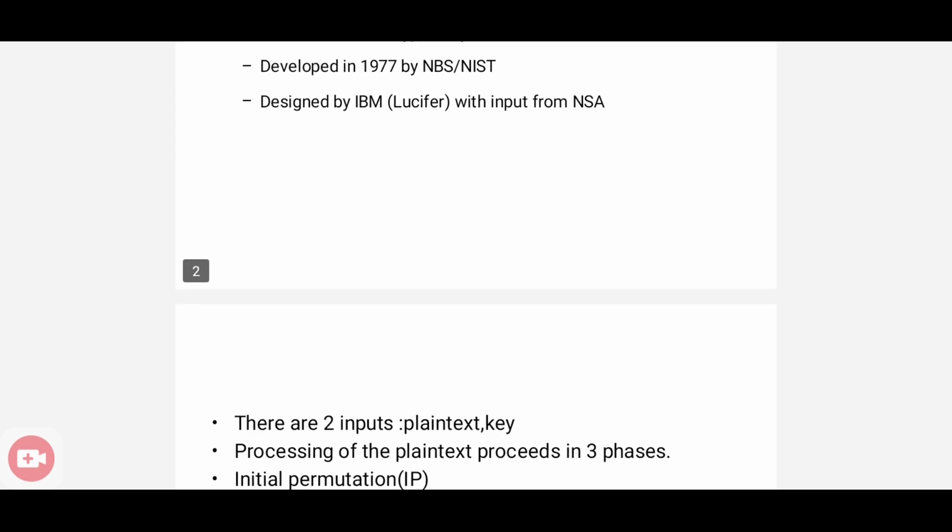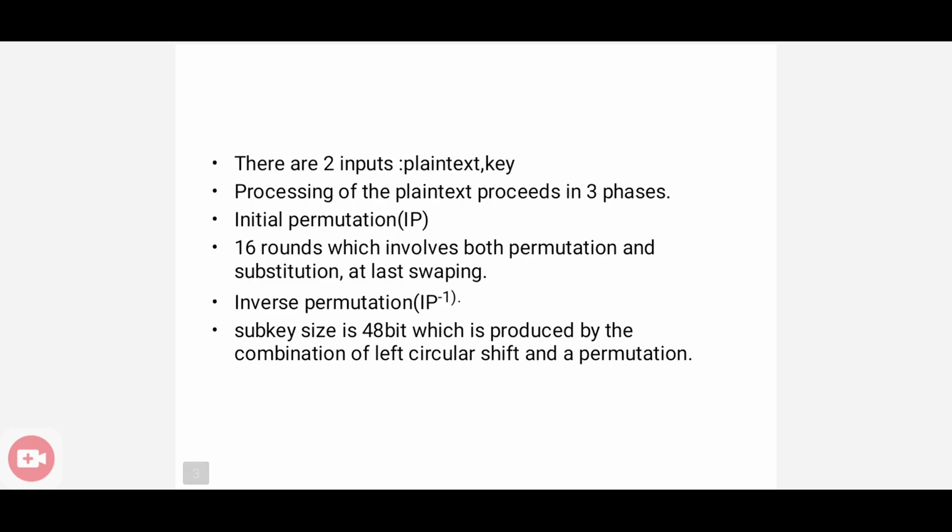Here there are two inputs: one is a plain text and another one is a key. Plain text has 64-bit length and key has 56-bit length. This 64-bit plain text processing is done in three phases. First, there is an initial permutation.